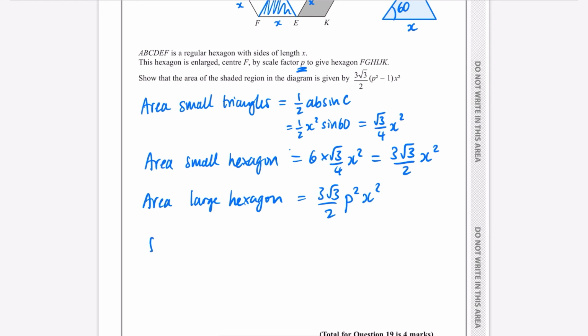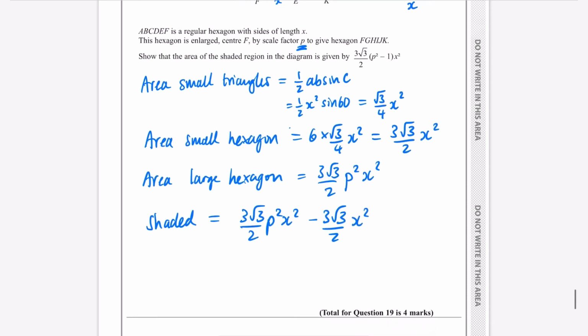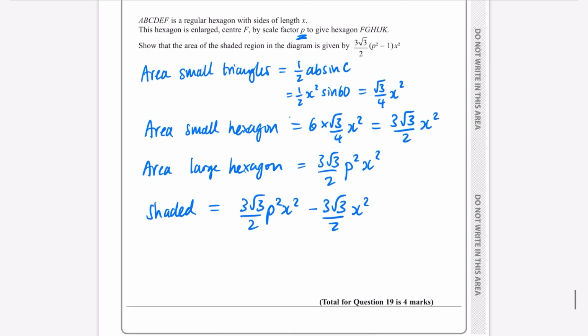So we're nearly there. We're now going to do the shaded area. The shaded area is the larger area, 3 root 3 over 2 P squared x squared, subtract the smaller area, which is 3 root 3 over 2 x squared. And we're just going to see if we can do some factorising. So I'm really happy we've got this. I'm going to take out 3 root 3 over 2 x squared.